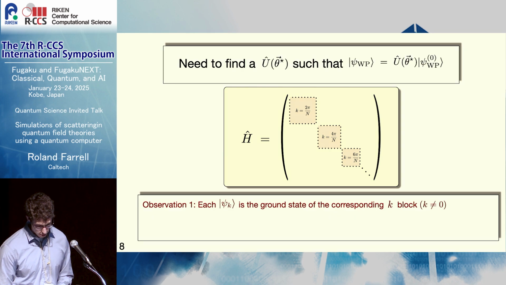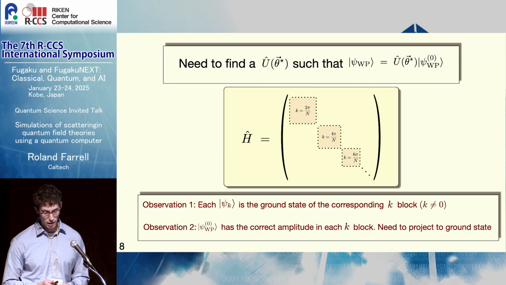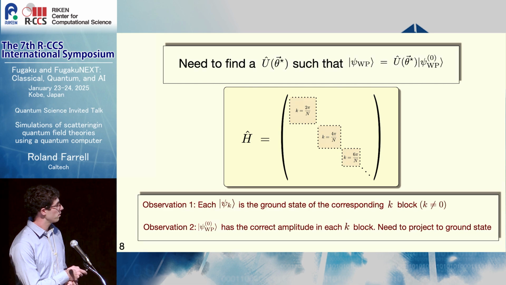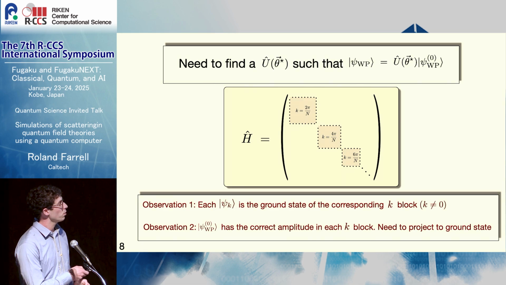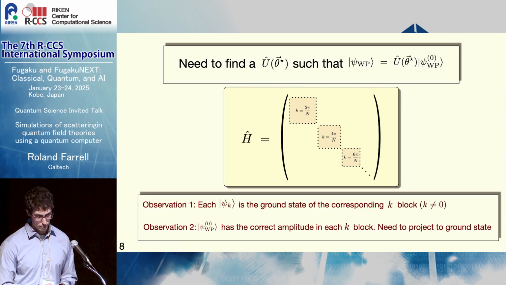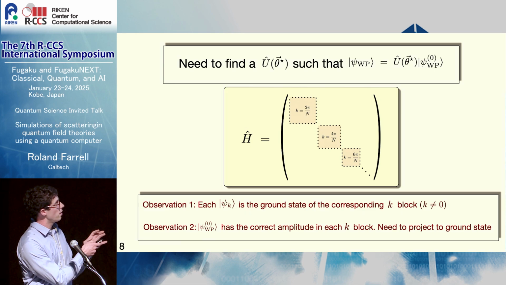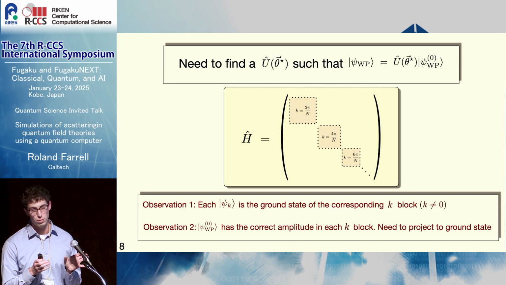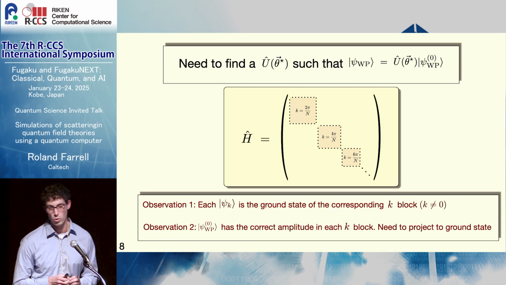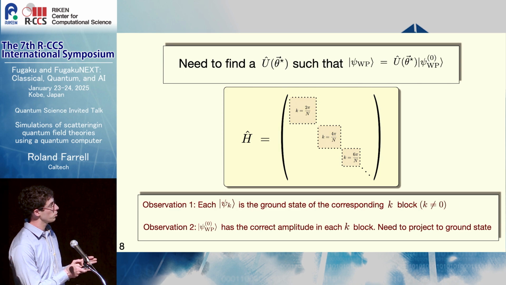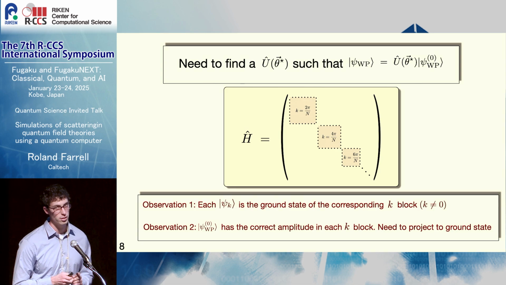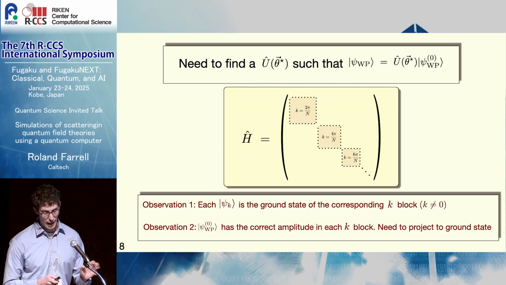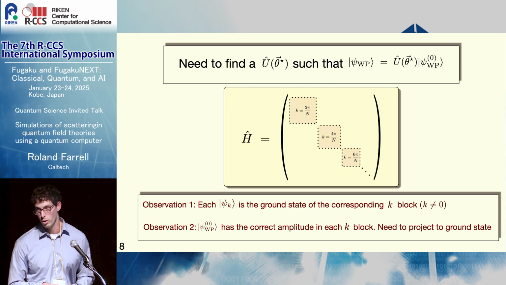So that's one observation. The second observation is that the state that we're able to prepare easily, the psi 0 wave packet, has the correct amplitude in each k block. So the amplitude is correct in each one of these momentum sectors. The problem is that it's spread over every single state with that momentum quantum number. And so what we want to be able to do is project each one of these k blocks onto the ground state. If we can do that, then we'll actually have the wave packet that we want.